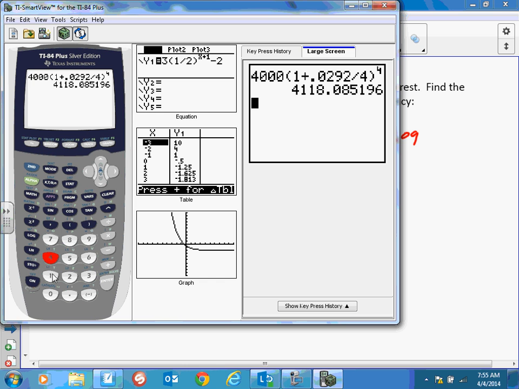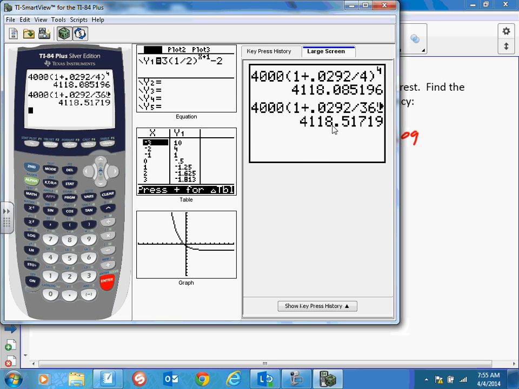We could just do 4,000 parentheses 1 plus 0.0292 divided by 365 parentheses to the power of 365 times 1, which is 365. Hit enter.